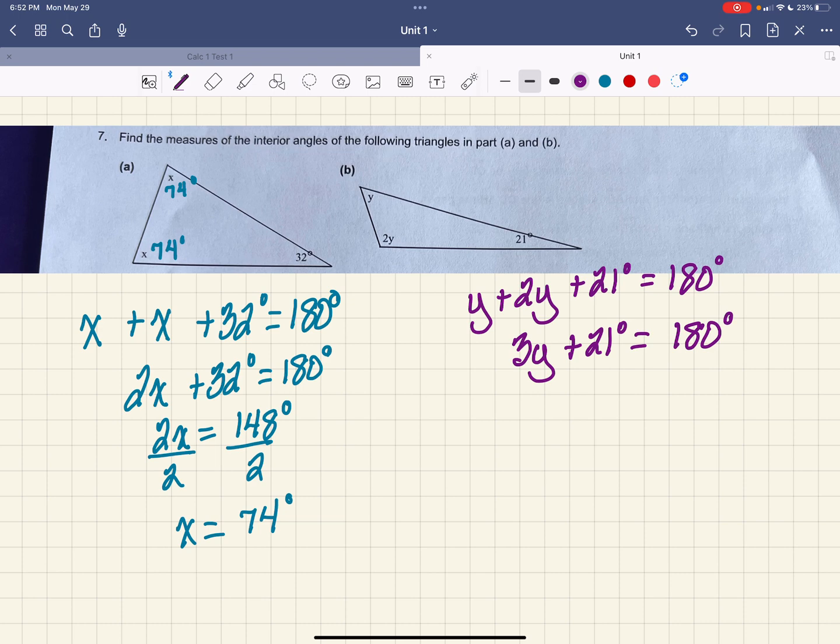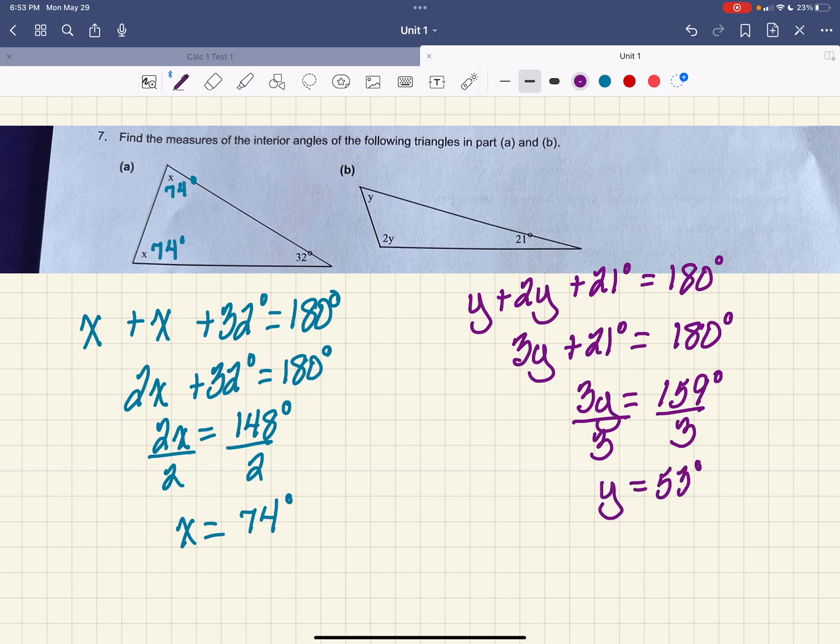I'm going to subtract 21 from both sides, and I'm left with 3y equals 159 degrees. And when I divide that by 3, I get that y is equal to 53 degrees.